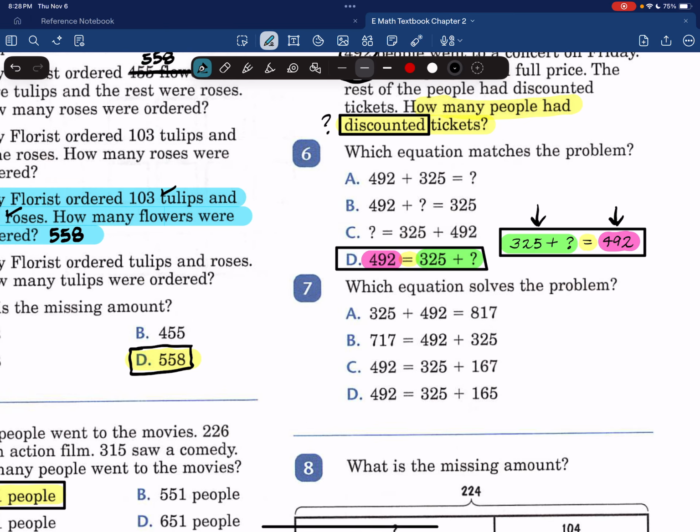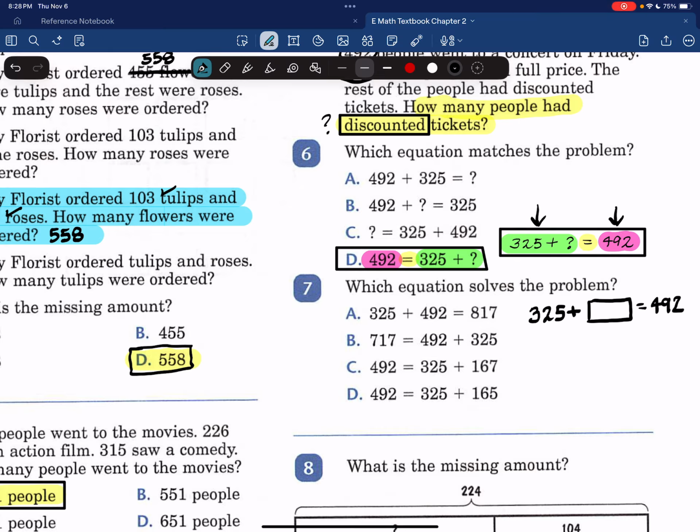So I'm going to take my equation that I wrote, and instead of the question mark, I'm going to put a box. And that's fine. You can do that instead of the question mark. The missing number. What goes in that box?